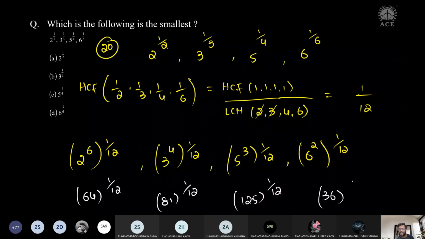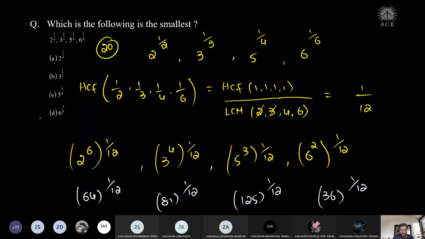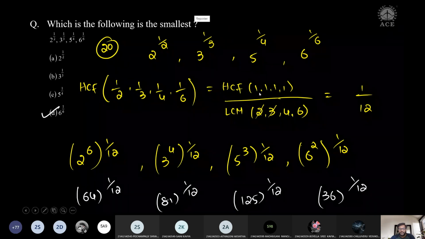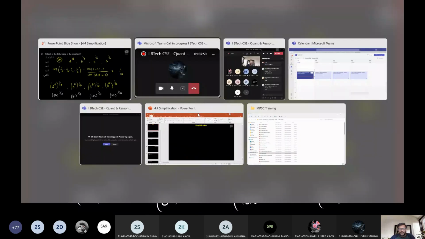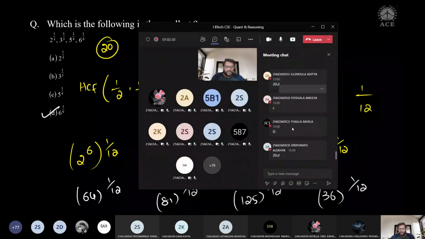So clearly we can decide 36 to the power 1 by 12 is the smallest, which means 6 power 1 by 6 is the smallest. Got it? Right. So for the 20th question, option D, my dear friends, not B and all. Option D.